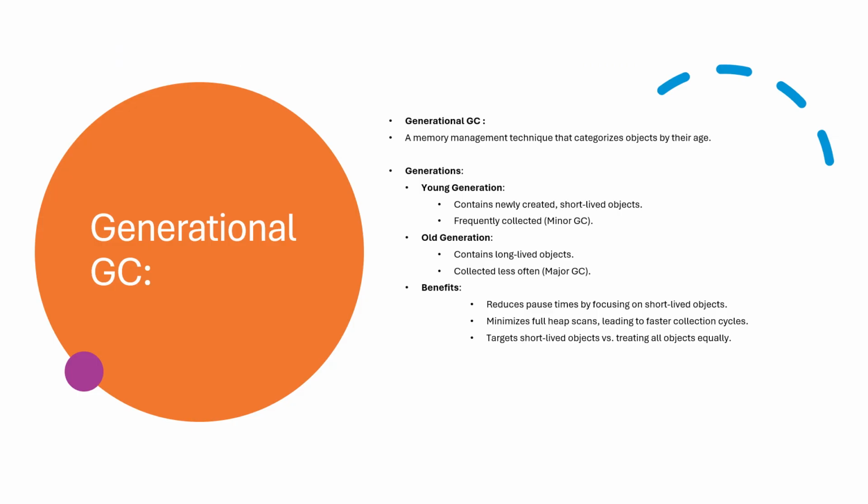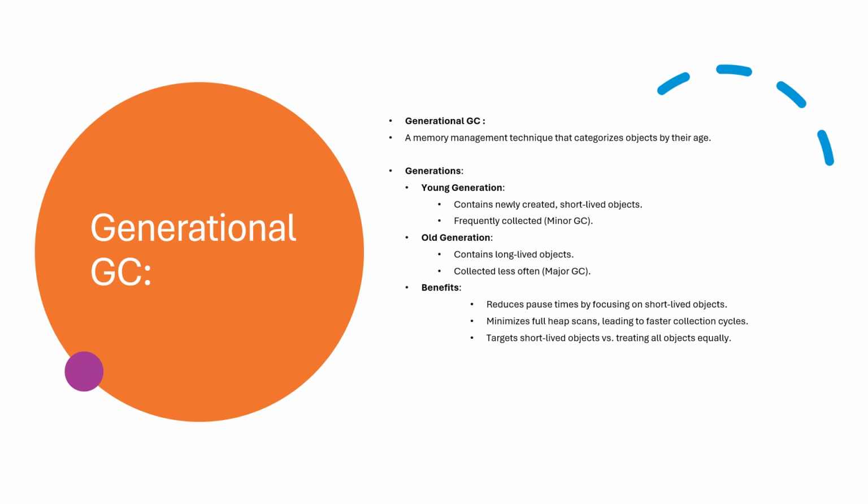Now, let's talk about generational garbage collection, a smart way to manage memory in programs. So, what exactly is generational GC? It's a technique that organizes objects based on their age.